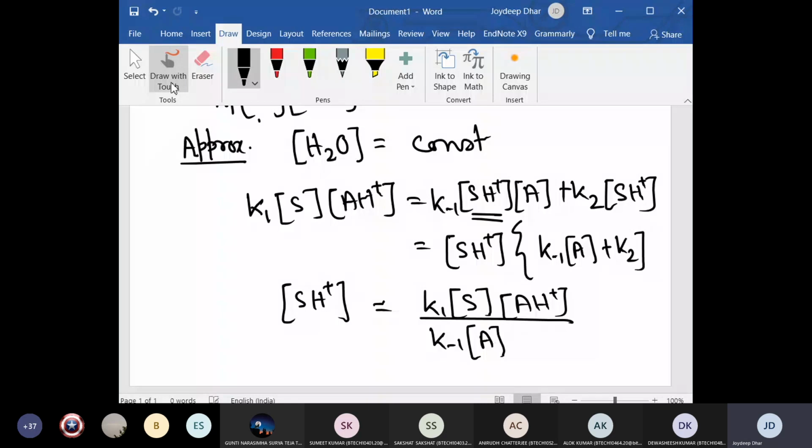Now what is the product formation, or rate of the reaction?